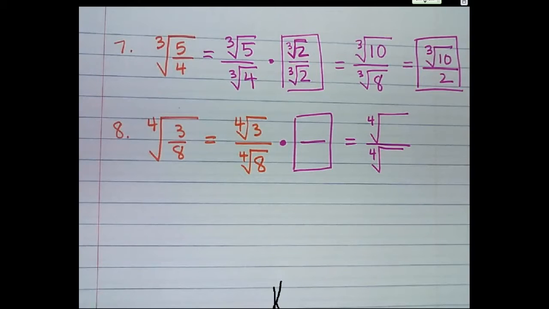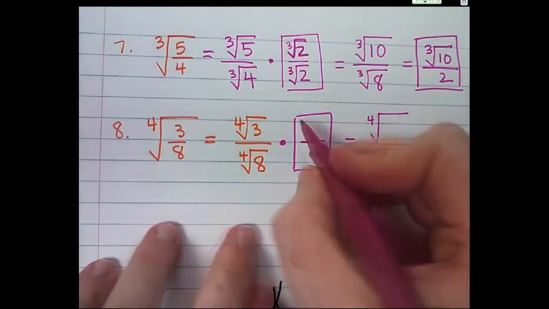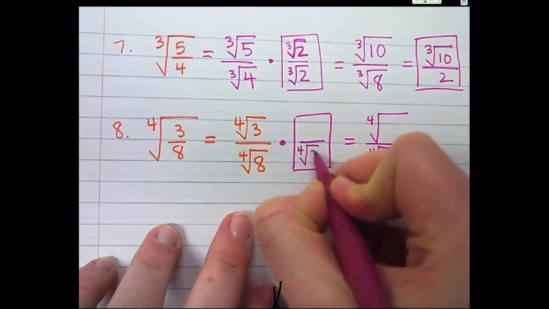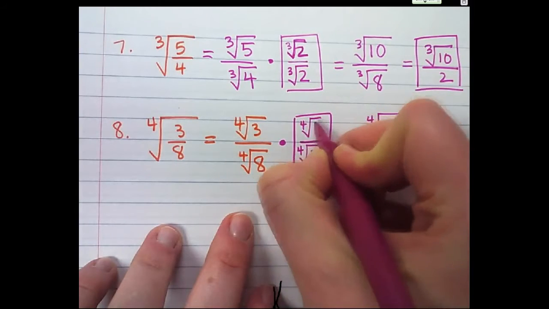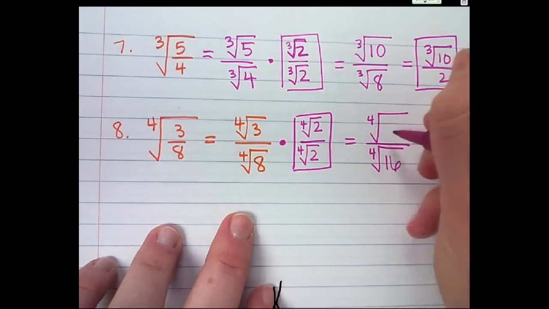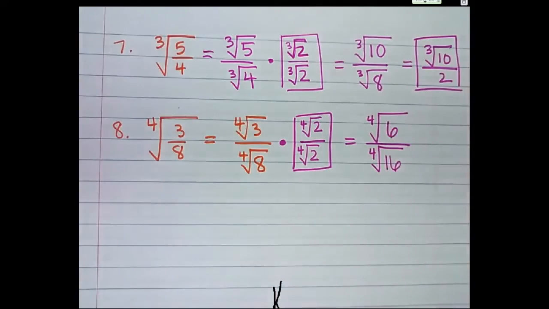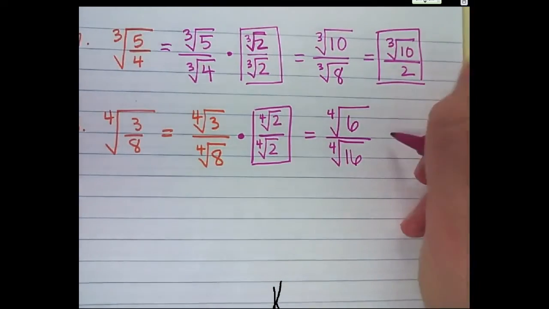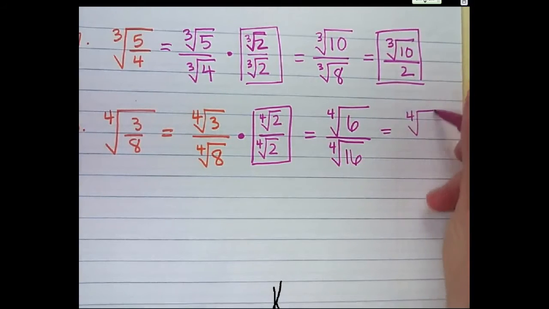Multiply by 2 would give me 16. So multiply by fourth root of 2, right? To give us a fourth root of 16. And on top, what do we have? 6. So I can't do anything to the top. And fourth root of 16 is 2.